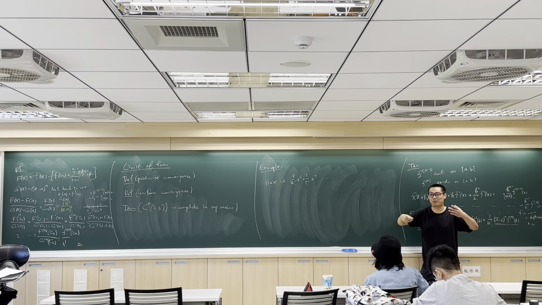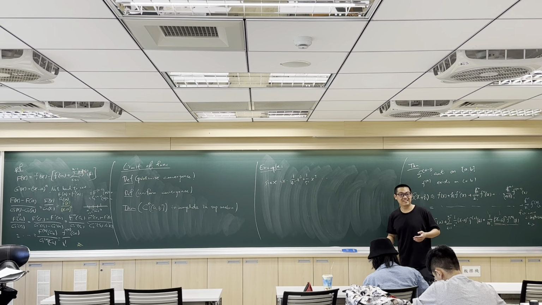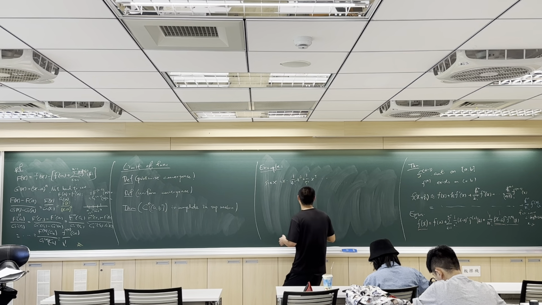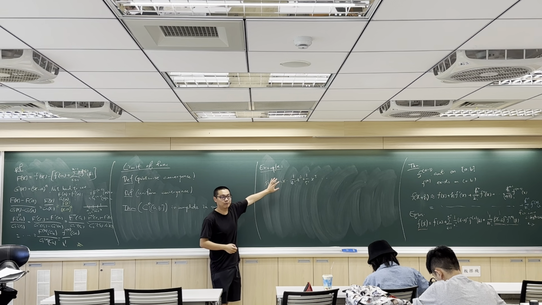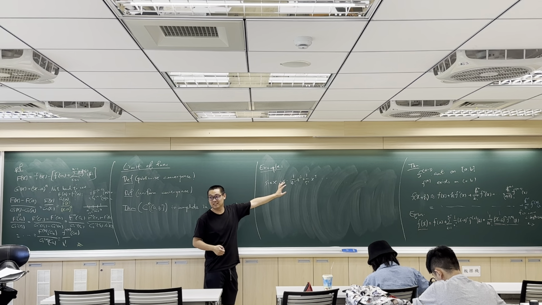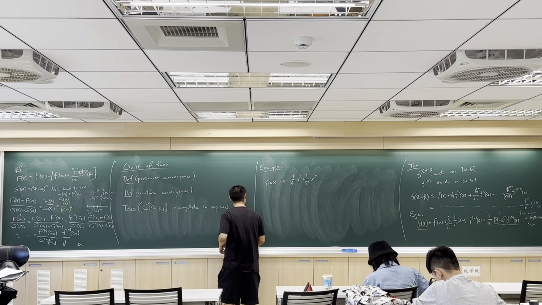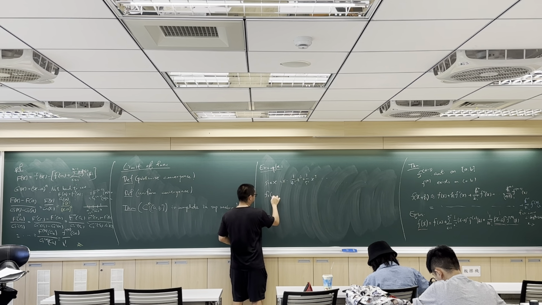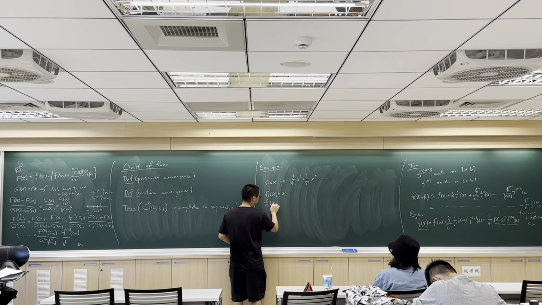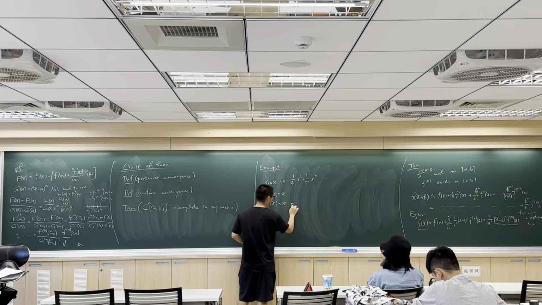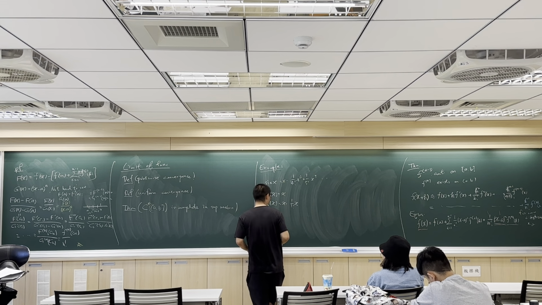I'm not so sure what you have learned before. Have you learned this kind of thing? Yes? Okay, I see some nodding. So you can clearly see this is from Taylor. f1 of x equals x, f3 of x equals x minus x cubed over 3 factorial.